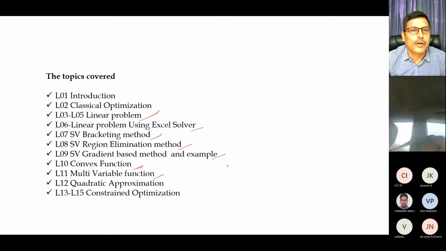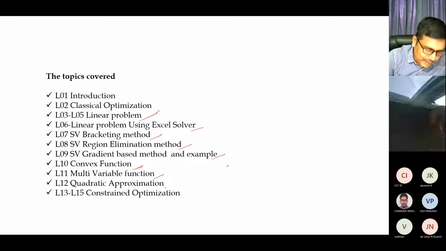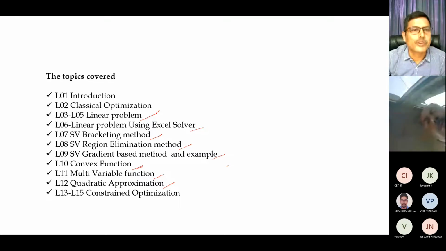Because if you apply Newton's method, in a single iteration of your line search method you will get the solution. You need not apply other methods. Therefore, based on what your function is, you can select your algorithm. Then I discussed quadratic approximation.